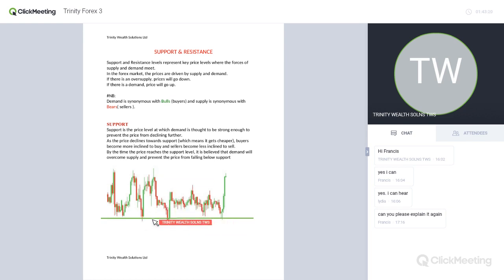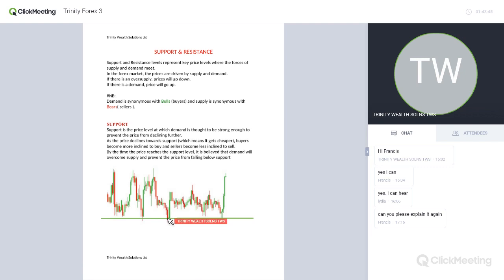It means the buyers are waiting down here. When the sellers push the price, it hits there, the buyers come in, they outweigh the sellers and push the market back up. Sellers come, they push the market down, it hits this kind of floor again and bounces back. So this is like your floor.